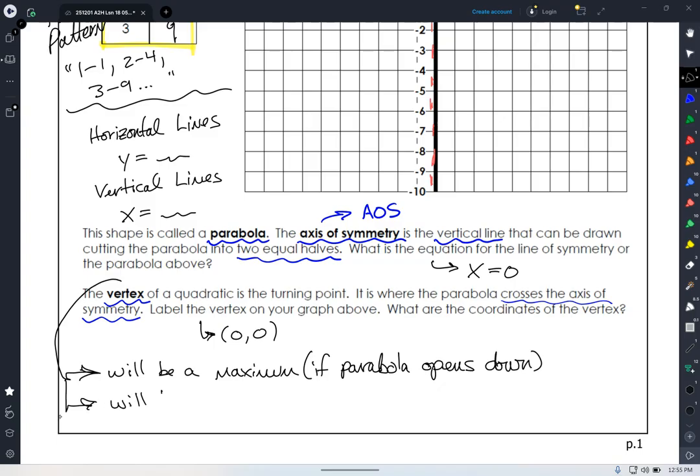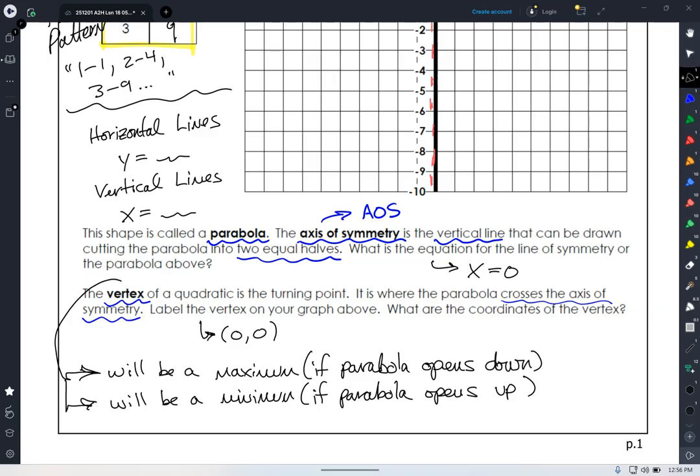And our vertex will be a minimum if the parabola opens up. Okay. So our vertex will be called a maximum if our parabola opens down, and it'll be called a minimum if our parabola opens up. Everybody good so far? Okay. All right.